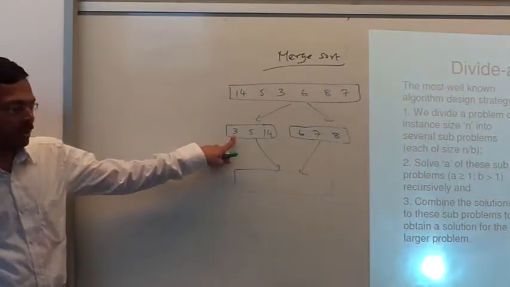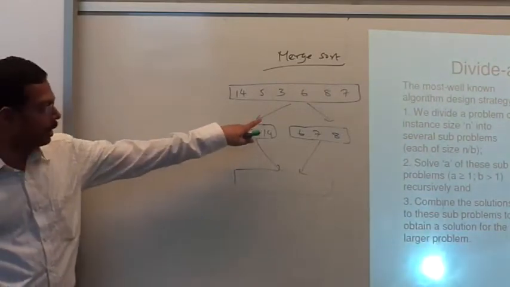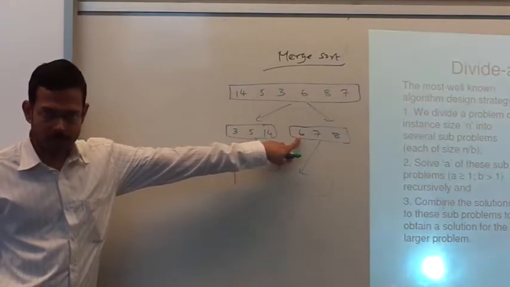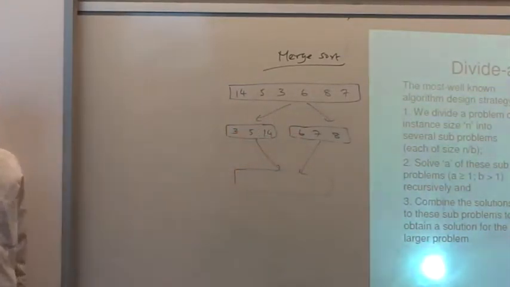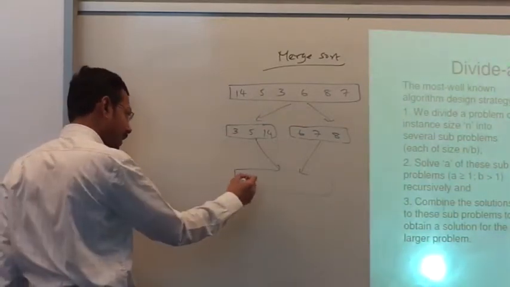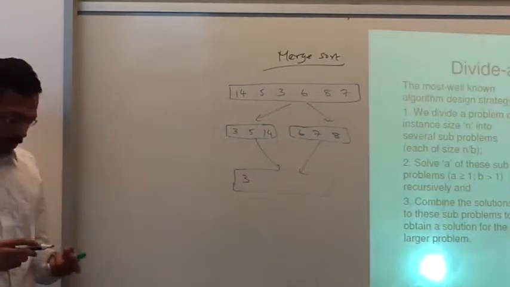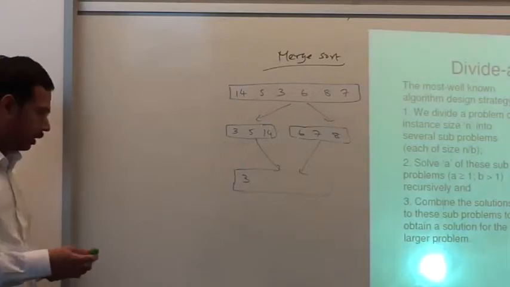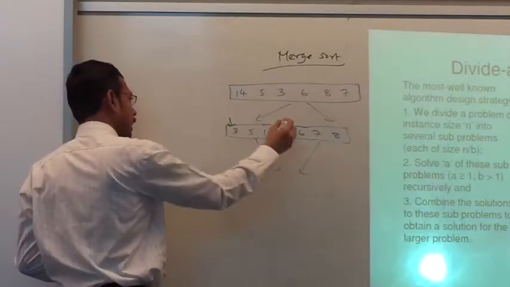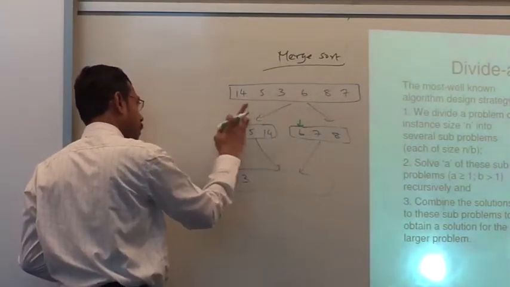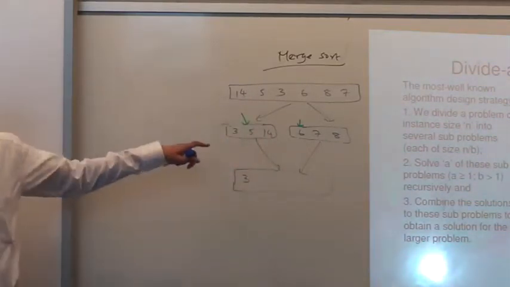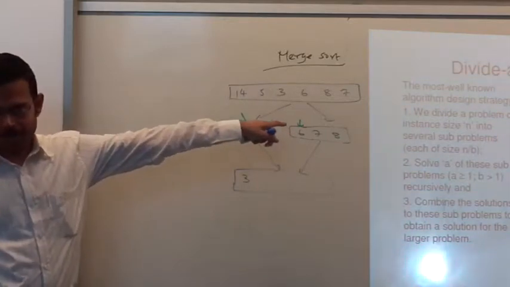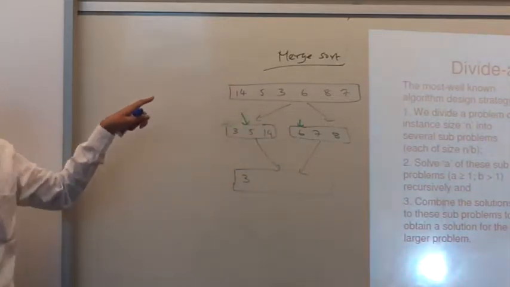I take the leftmost element here, and compare with this leftmost element here, 3 and 6, which is greater? 6. So which is less? 3, right? So 3 is less, so I move my pointer to the next element here, and compare 5 and 6, which is again smaller, 5.